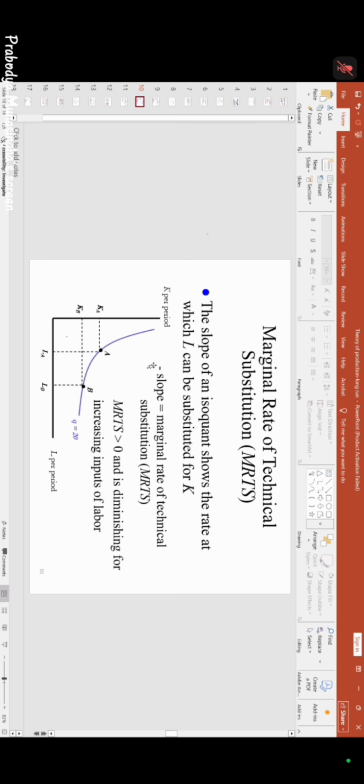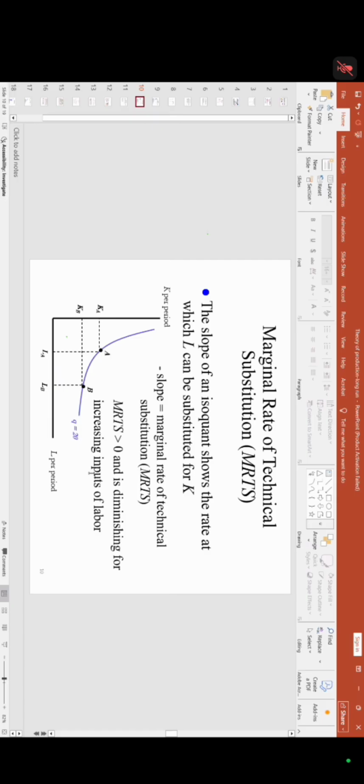Okay, so this slope is the marginal rate of technical substitution. If MRTS is greater than 0, it is a diminishing increase of input of labor. As I previously mentioned, as this increases, this decreases.